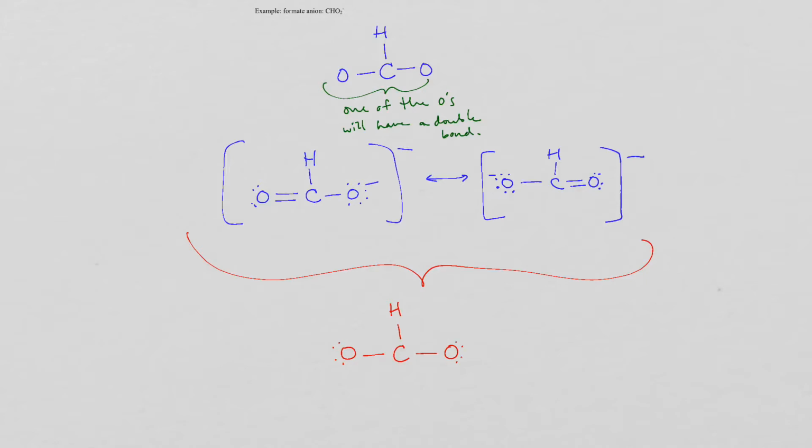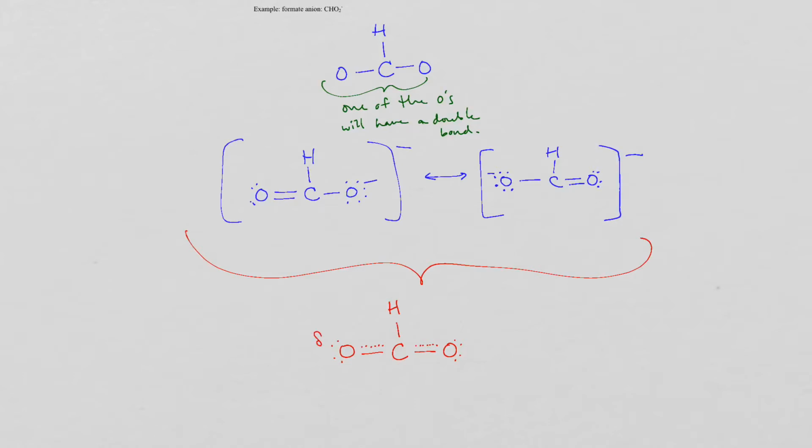And then half the time there's a double bond to this oxygen, half the time there's a double bond to this oxygen. So I make this little dotted line to show that actually this anion as a whole, also these partial negative charges go on each oxygen.